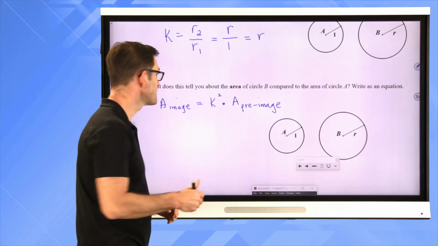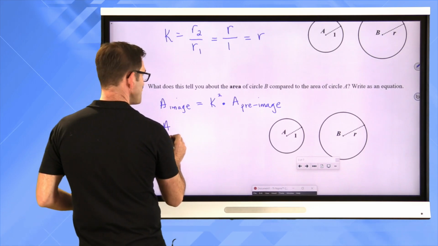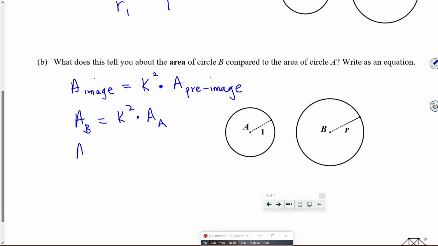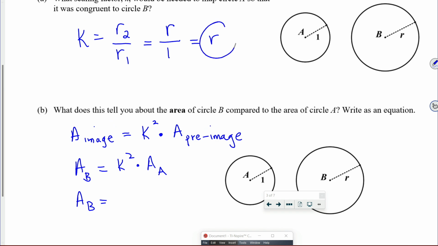Well, what it tells us is that the area of circle B, which is kind of a generic area, is going to be k squared times the area of circle A, which is not generic. It's got a radius of 1. Now remember k is equal to r.